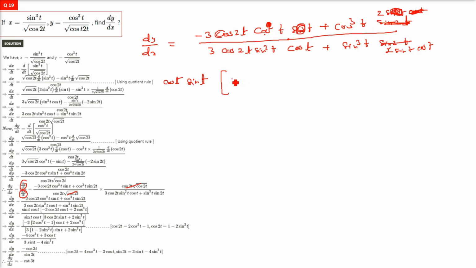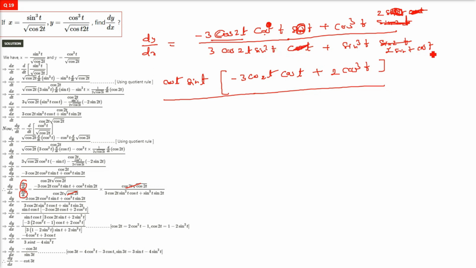Inside this we will have minus 3 cos 2t and cos t, and then plus 2 cos cube t. Since we already took one cos out, it is cos cube t. In the denominator also, as I just indicated, sin t and cos t have to be taken out.